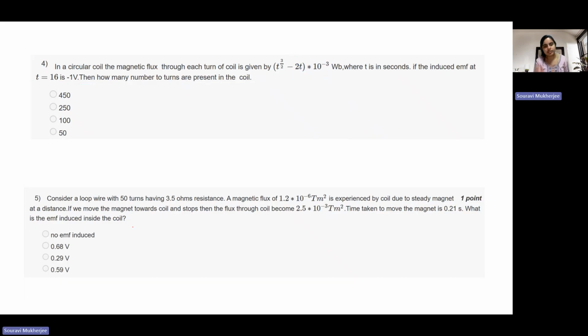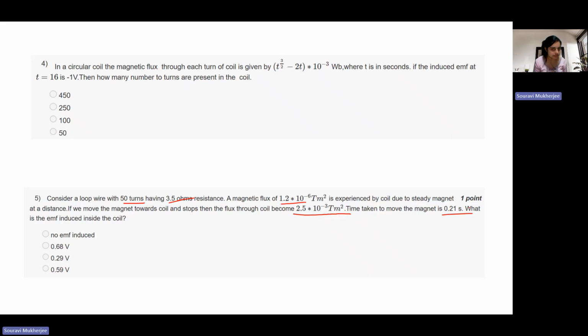Now, another similar question in the assignment was like, now the number of turns is given. You have a loop of wire with 50 turns, that is given. The resistance is given, and the magnetic flux. Initially, the flux was this. And then the magnet is moved towards the coil and the flux has become this in a time period of 0.21 seconds. So basically, you know the initial flux, you know the final flux, and you know the time of change of flux.